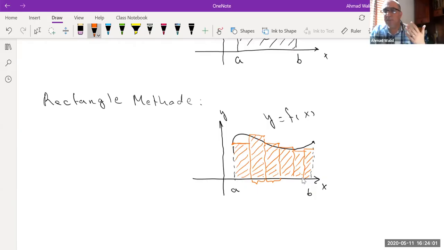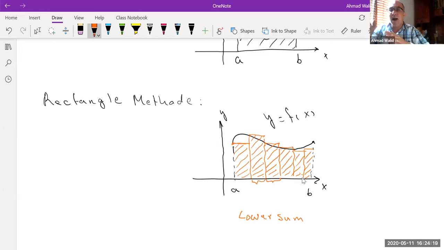We call this method the left end, or you can call it the lower sum. Later, I will show you why we call it the lower sum.